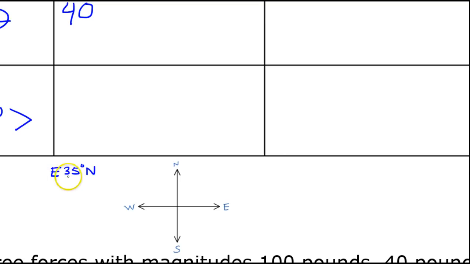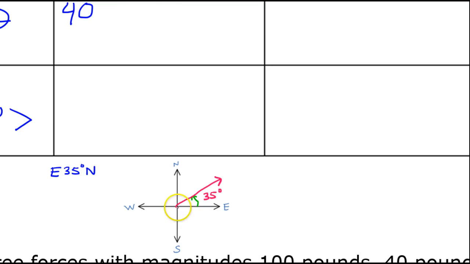So if I want to find the direction of east 35 degrees north, this means start at due east and then turn 35 degrees towards the north. So if I start at due east and I begin to turn 35 degrees towards the north, then my vector is going to end up in this position, where this angle right here is 35 degrees.